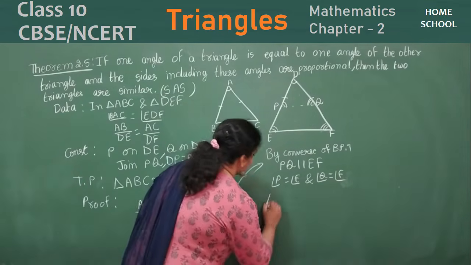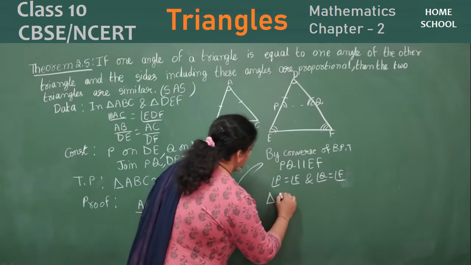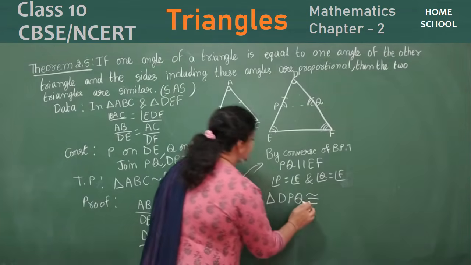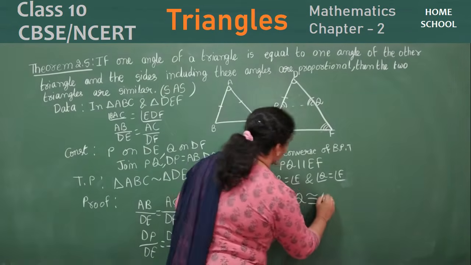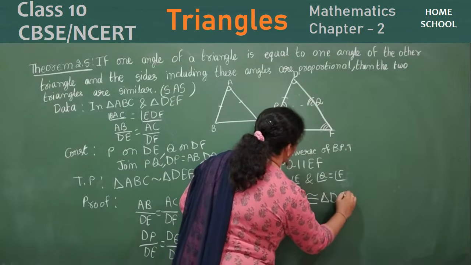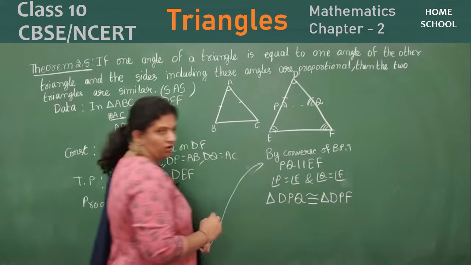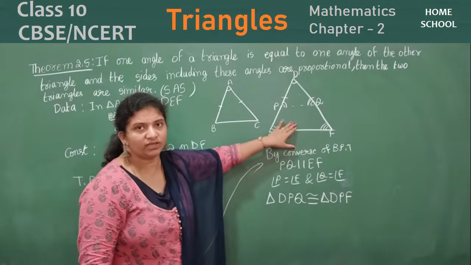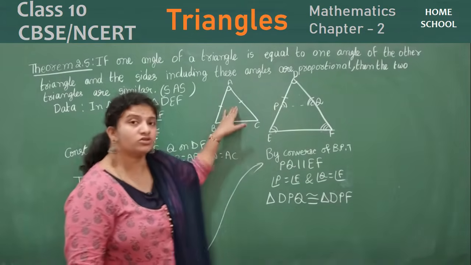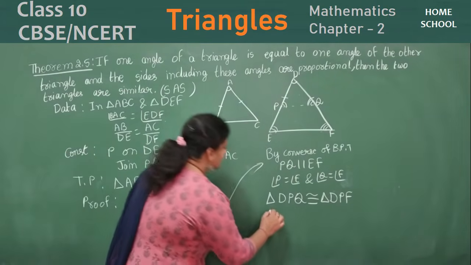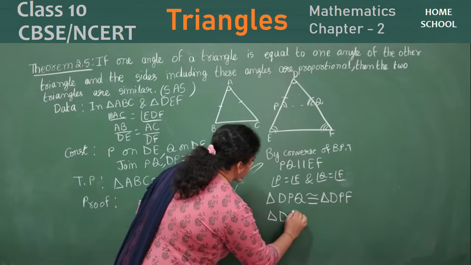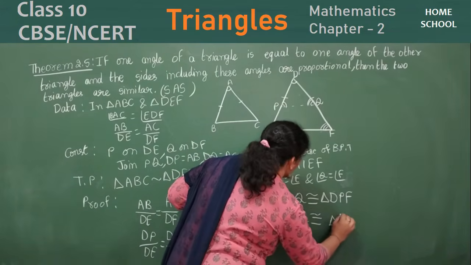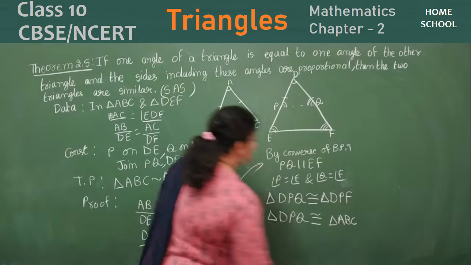So triangle DPQ is congruent to triangle DEF. Finally, this is congruent to this, then this is also congruent to this, that is triangle DPQ is also congruent to triangle ABC.